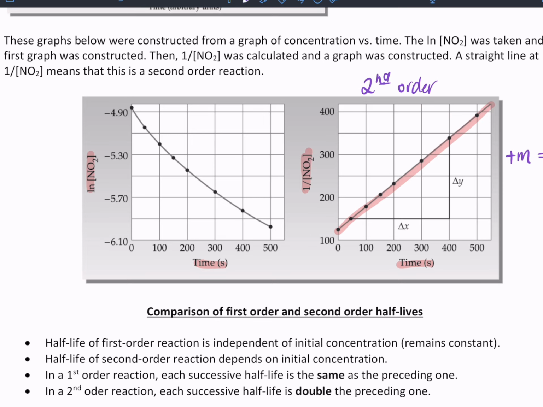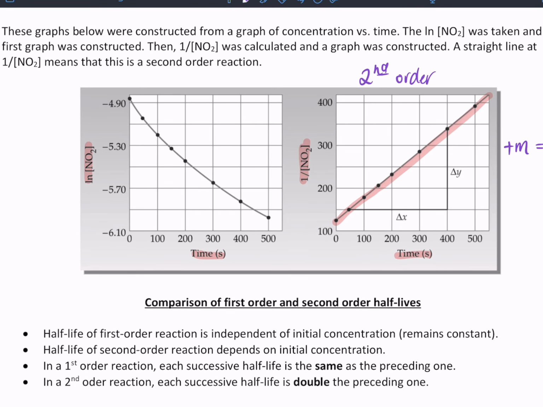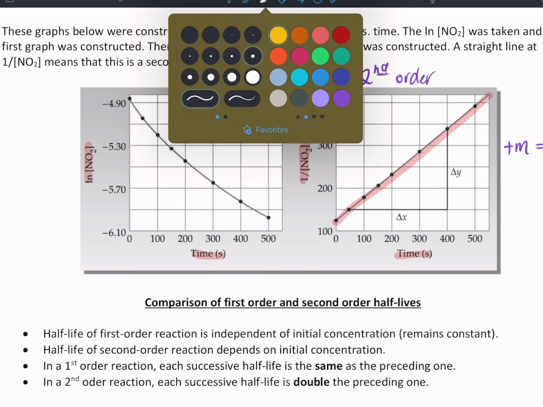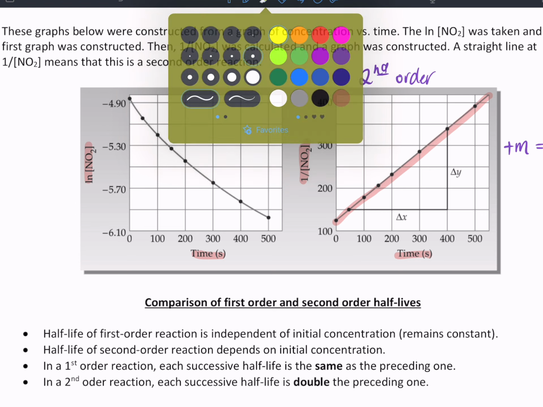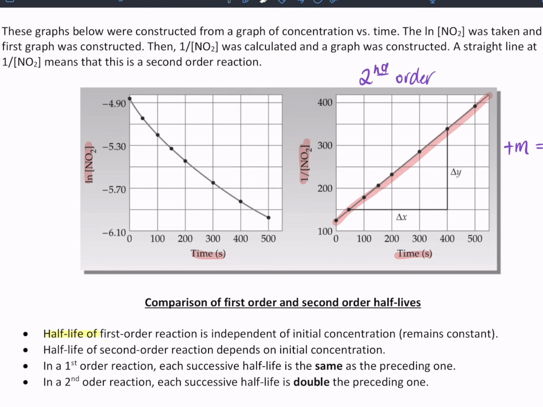Okay. When we look at the half-lives and we can compare those, our first versus our second order, at first order, half-life is independent of initial concentration. It remains constant. We get that 0.693 over k, so it's dependent on our rate constant. The second order half-life, though, is going to be dependent on the initial concentration.